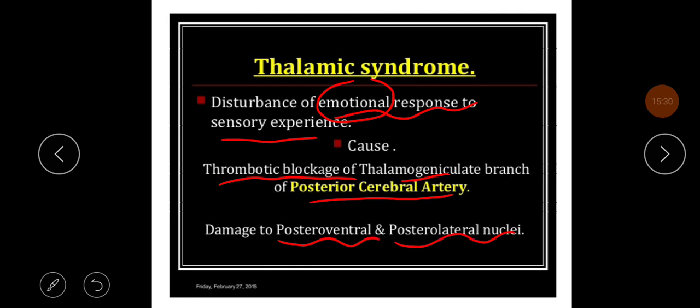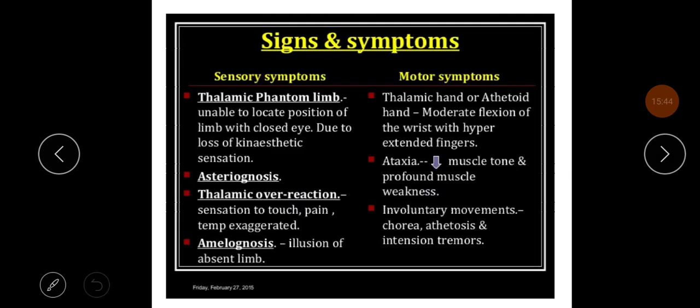These are the specific areas of the thalamus which sense specific sensations like pain, temperature, proprioception, etc. Signs and symptoms of thalamic syndrome can include both sensory and motor symptoms, as they can involve both sensory and motor areas.